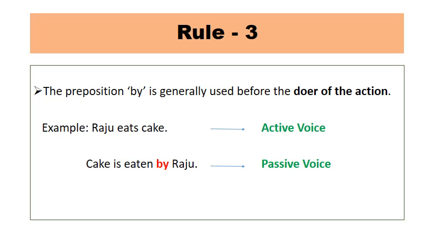So, dear students, we know the subject of the verb in the active voice becomes the object of the verb in the passive voice. So, in the example, Raju eats cake. Raju is the doer. Raju is the subject of the verb. And see, in the passive voice, Raju has become the object of the verb. And see, the preposition by is used before Raju.